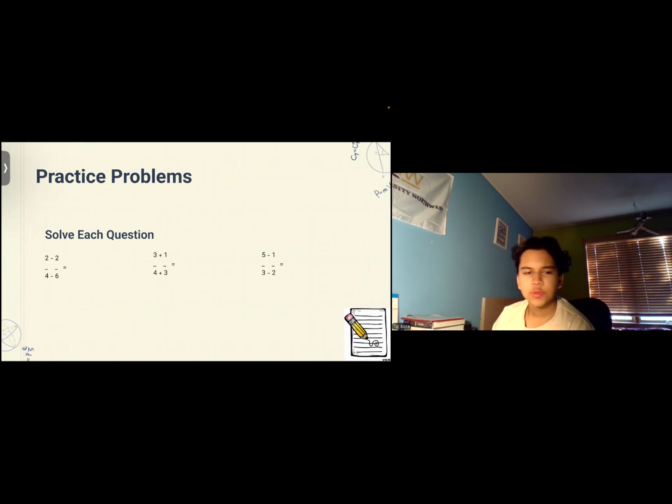So these problems may seem complicated at first, but just look at the notes that you just wrote down and see if you can solve it. Because if you took well enough notes, you should be able to figure this out.